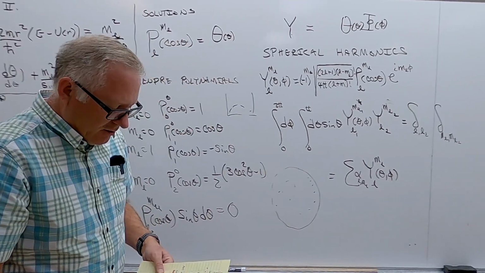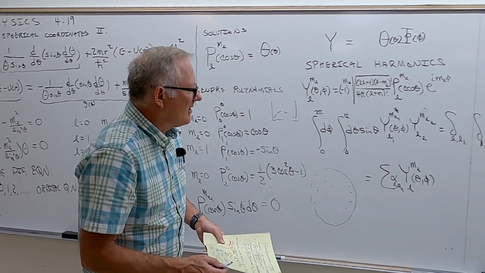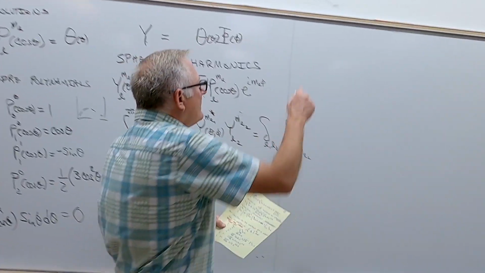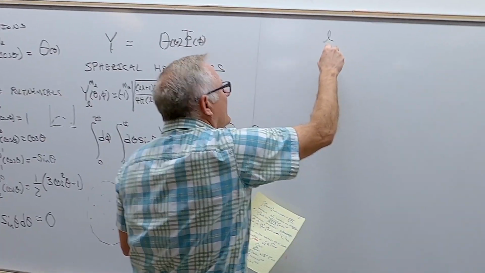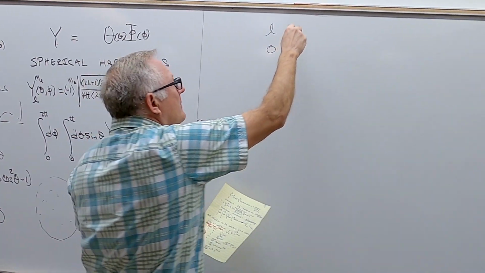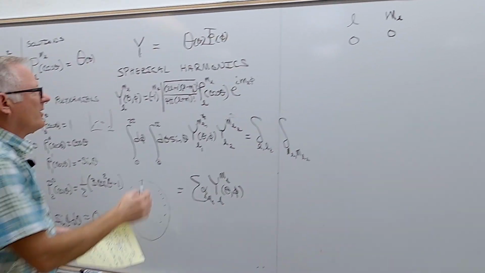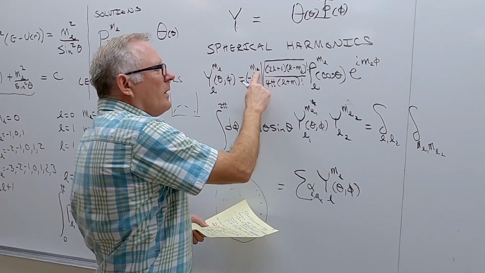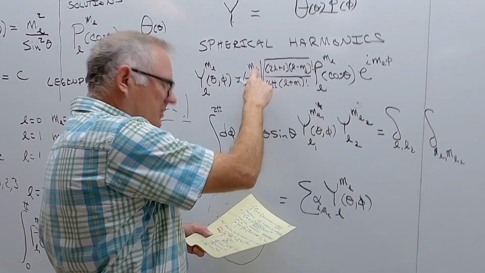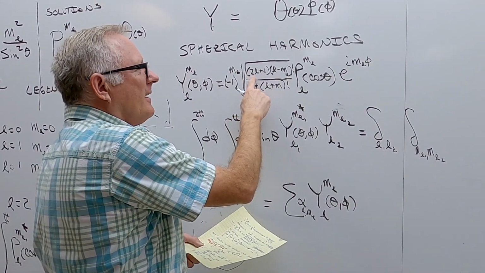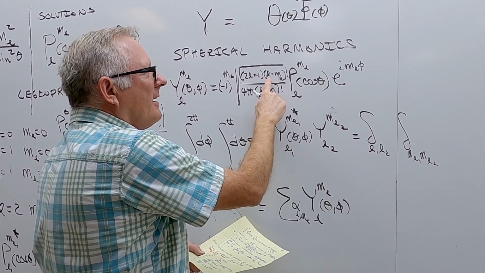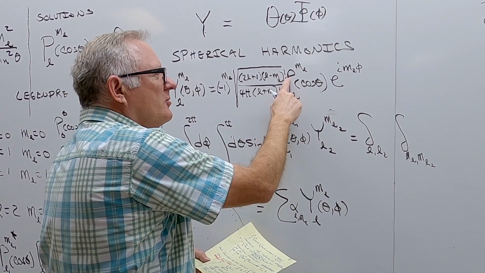Now, if we were to look at these values, for L, let's just make a list here. When L is 0 and m sub L is 0, you can see over here, this would be minus 1 to the 0, which is just 1. And here you get 1. And here you got 0 minus 0, 0 factorial, which is 1.